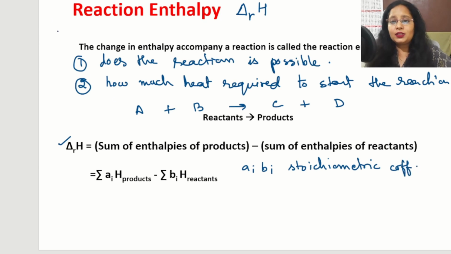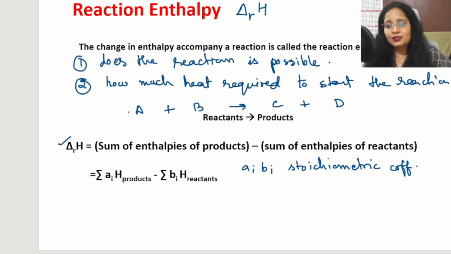So what is that actually? Stoichiometric coefficients. We have already studied that when we write any reaction, we have to balance the reaction, or in a simpler way we can say the amounts of reactants and products which are used in those reactions. Those coefficients are called stoichiometric coefficients.